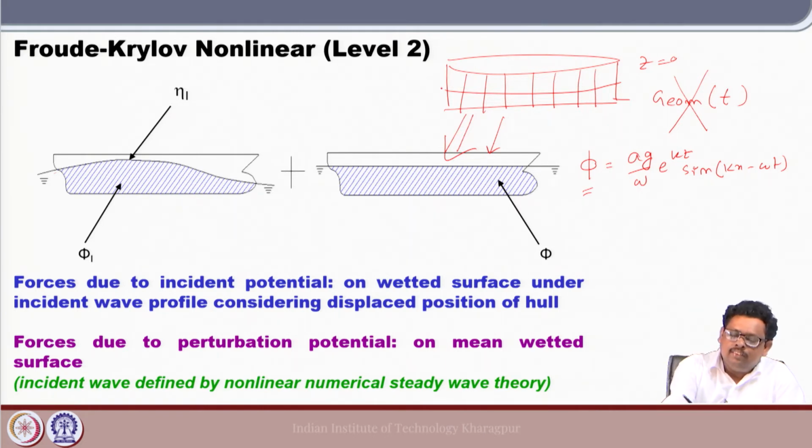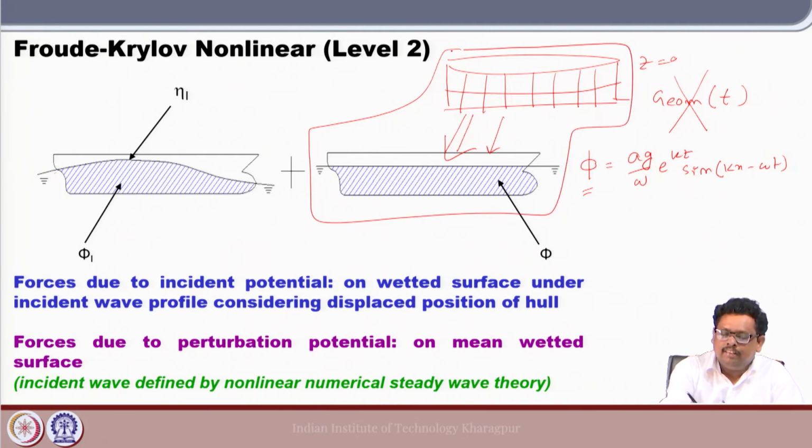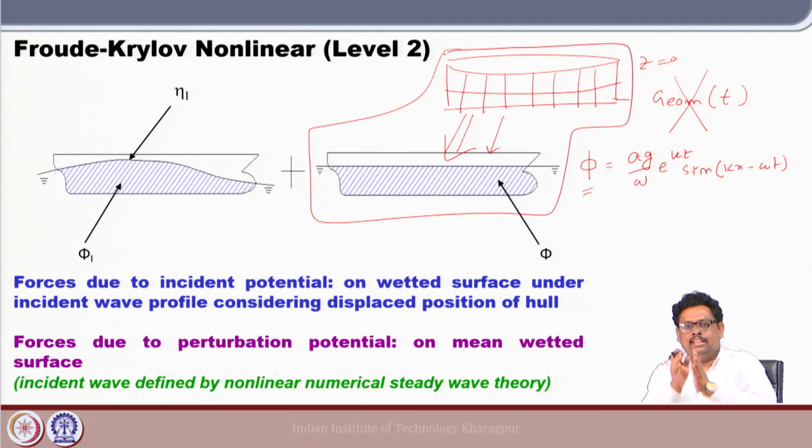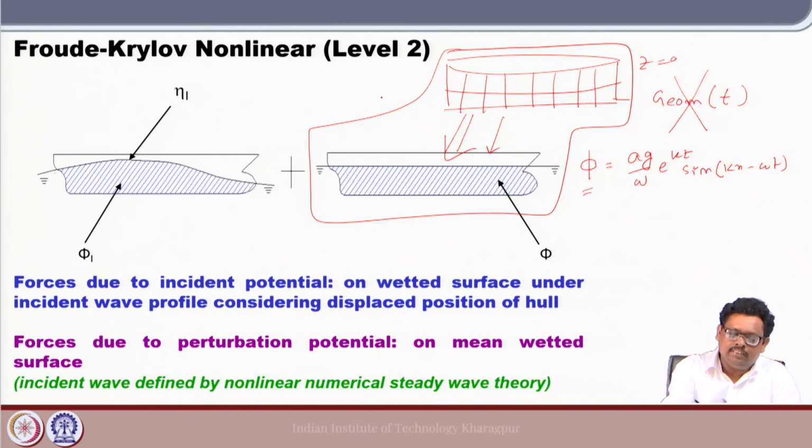That means we do not disturb this part, we are using the simple paneling and we use it for solving this particular portion, and for this second part what we could do is, I can have a second geometry.